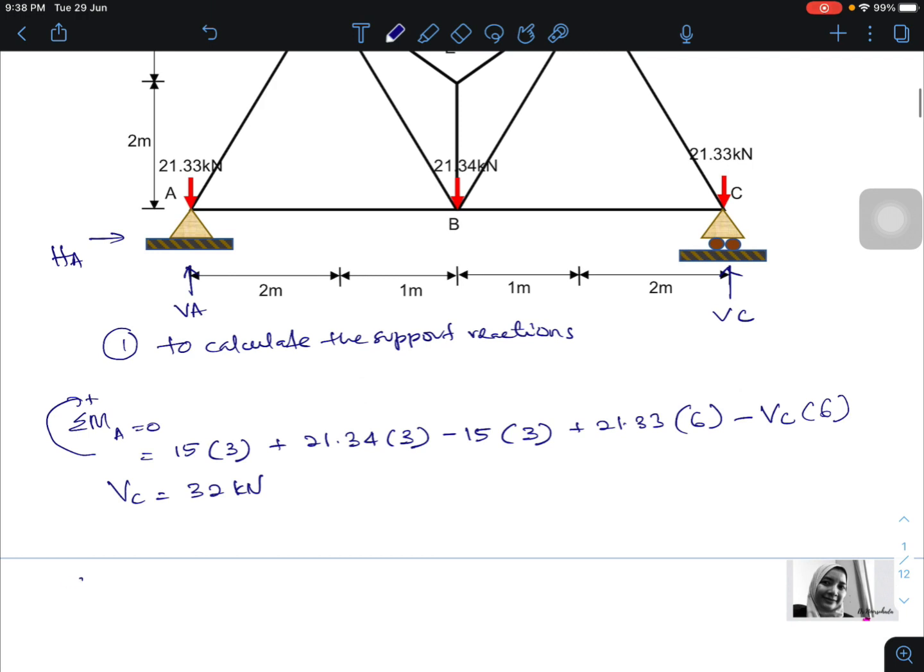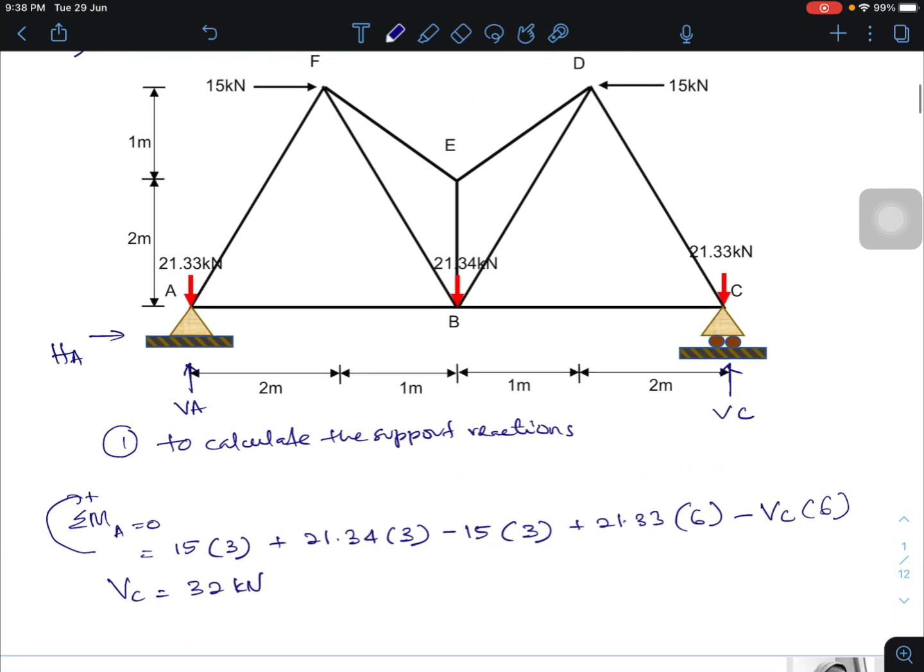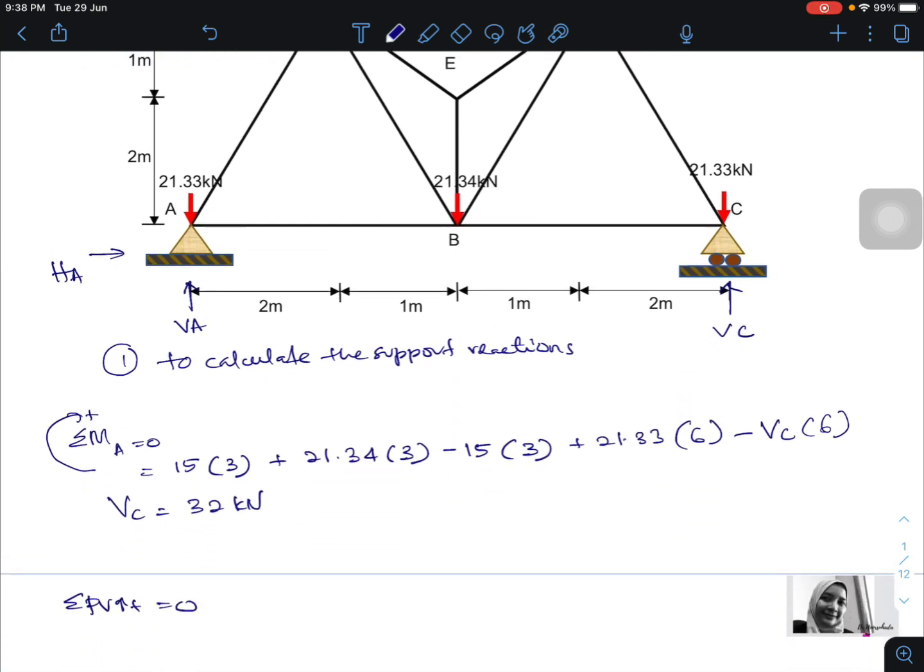Next, we use the vertical equilibrium equation to determine the vertical reaction at A. Going up, all loads directed in the upward direction are considered positive and the downward direction negative.